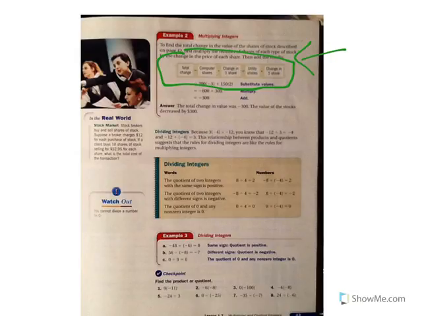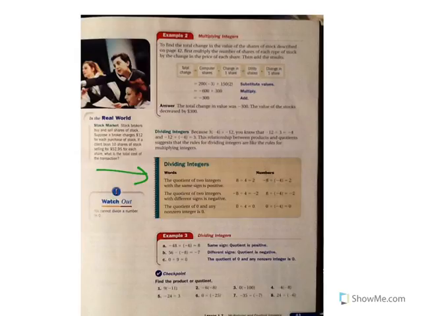When you plug in all the numbers, you end up with 200 times -3 plus 150 times 2. So you lost $600 on the computer shares and you gained $300 on the utility shares, so you end up with -$300 total.